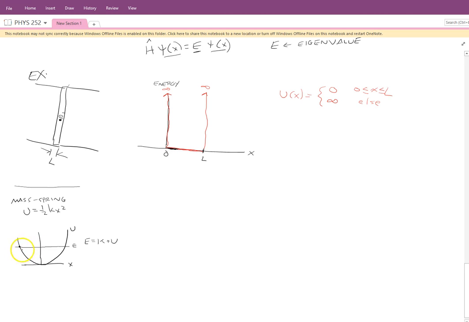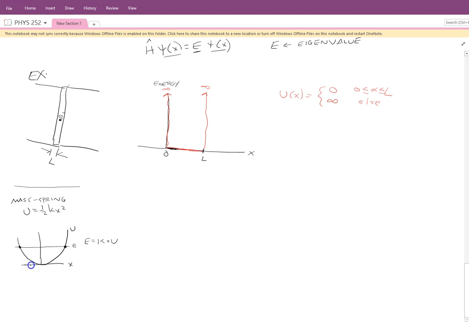So as this particle's going back and forth, it's trapped between this point and this point, right? It can't get out of this energy well, so it's trapped to go back and forth. In fact, remember the difference between this horizontal total energy line and the U, the parabola, is going to be the kinetic energy.